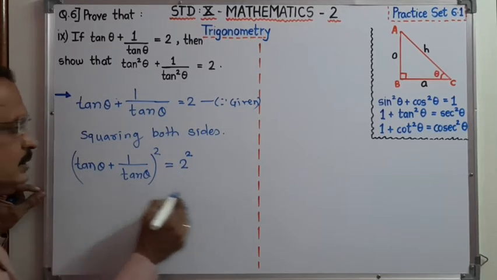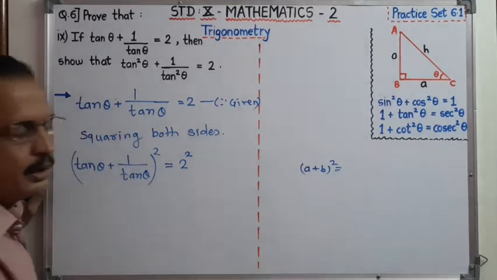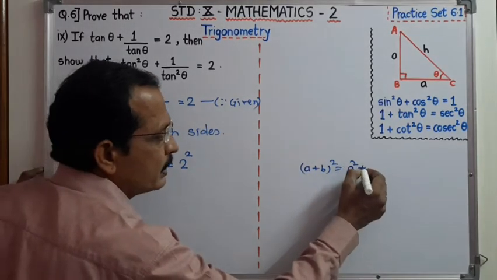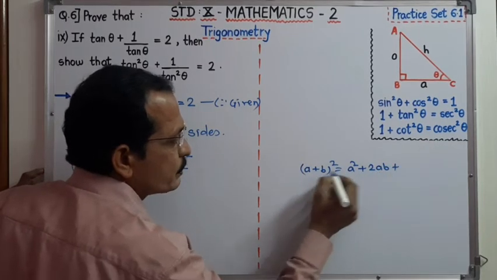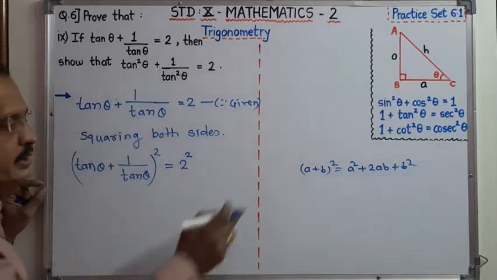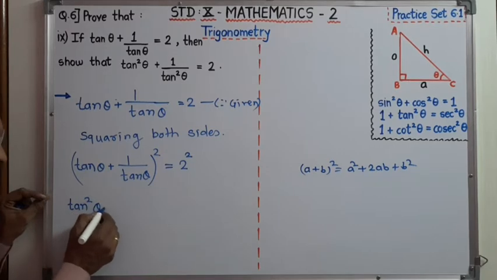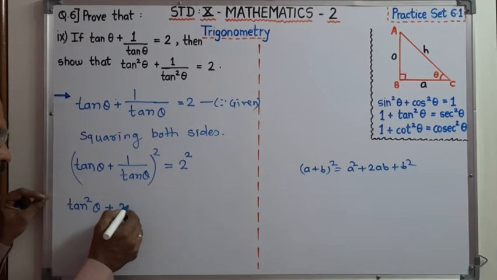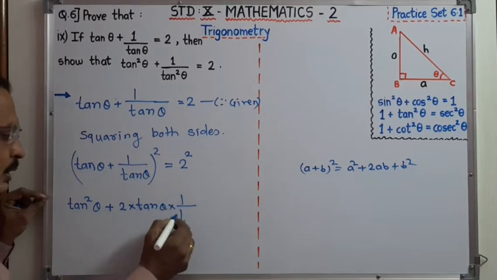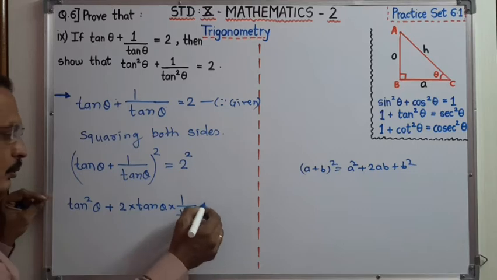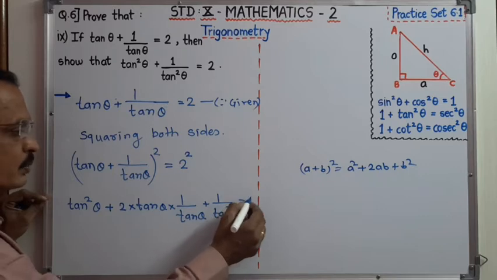Now, dear students, see (tan theta plus 1 upon tan theta) bracket square is equal to 2 square. Therefore, we have to use the formula (a plus b) bracket square expansion formula. Here we take the square of a, plus twice the multiplication of the two, 2ab, plus the square of b, b square. This expansion formula we have to use. Therefore, we write directly here tan square theta plus 2 into tan theta into 1 upon tan theta plus 1 upon tan square theta is equal to 4.